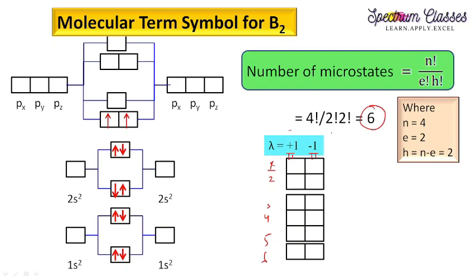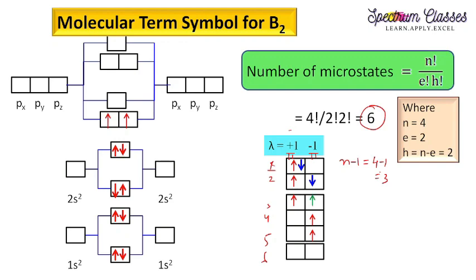First, as I told you in my atomic term symbols, we start with n minus 1 and go up to half. So n is 4, minus 1 is equal to 3. So 3 electrons are arranged in this manner, and next is 2, which is the half value. These are the up spins, and after this we have the down spins similarly. Then the second electron we arrange in this manner.